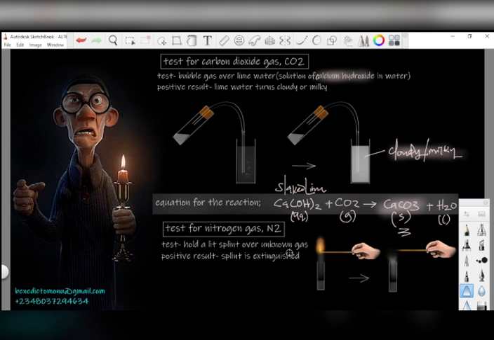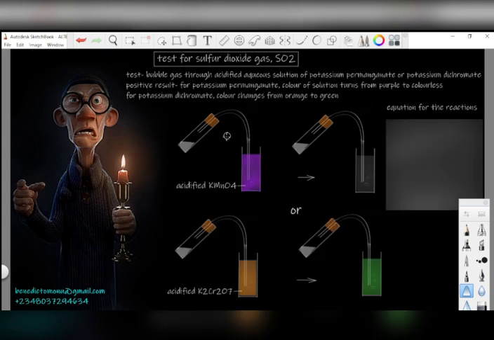So things like cheese balls and peanuts have nitrogen gas pumped into their containers or sachet to slow down oxidation, because nitrogen takes away oxygen so that a material is not able to get oxidized. So all you need to do is hold a lit splint over the unknown gas. If the gas is nitrogen, it quenches the fire. It extinguishes the splint. If it does any other thing, it is not nitrogen. So the positive result is that the splint is extinguished. Else, it is not nitrogen gas coming out.